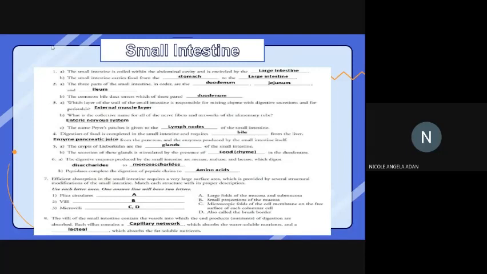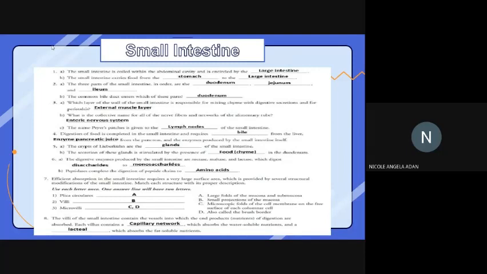For number 5A, the crypts of Lieberkühn are the glands of the small intestine. For letter B, the secretion of these glands is stimulated by the presence of food in the duodenum.